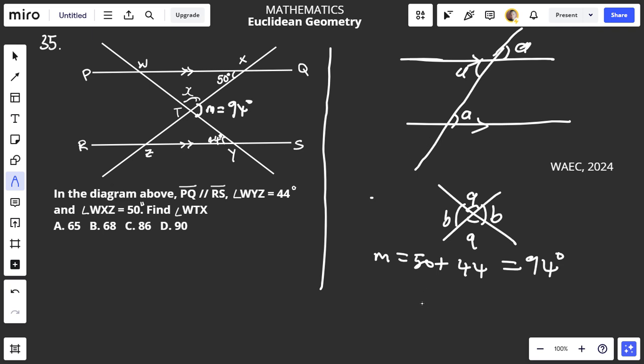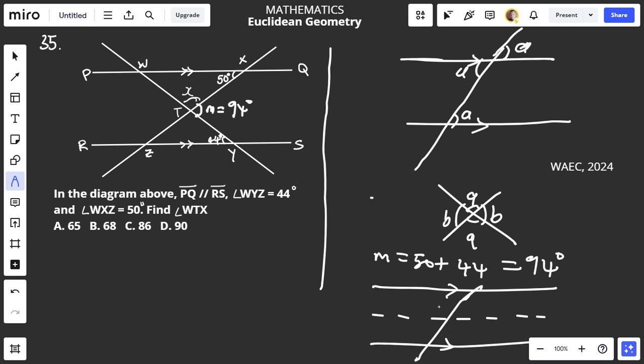Okay, let me explain that. If you have two parallel lines, and then you have a third parallel line in their middle, and then you have a transversal that goes this way, and another transversal that goes this way, you find out that whatever angle you have here will be alternate to what you have here.